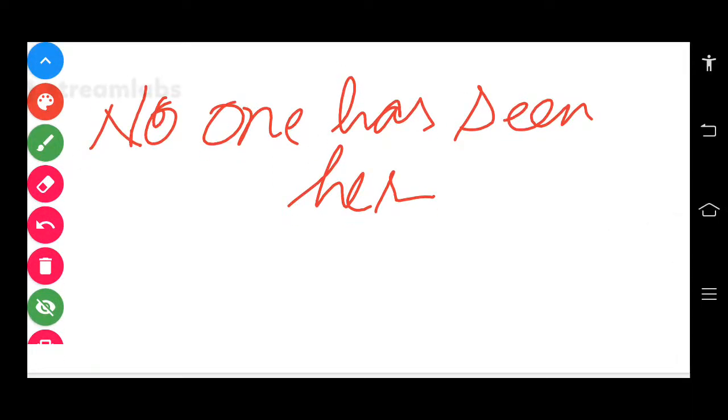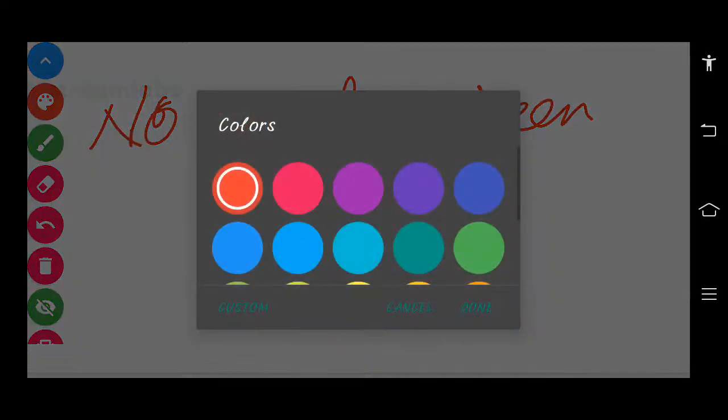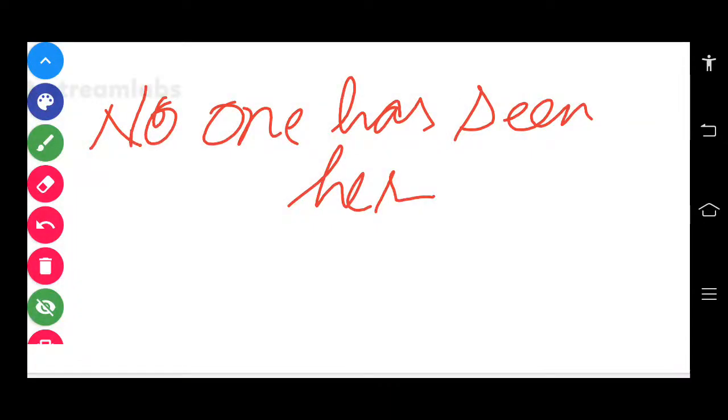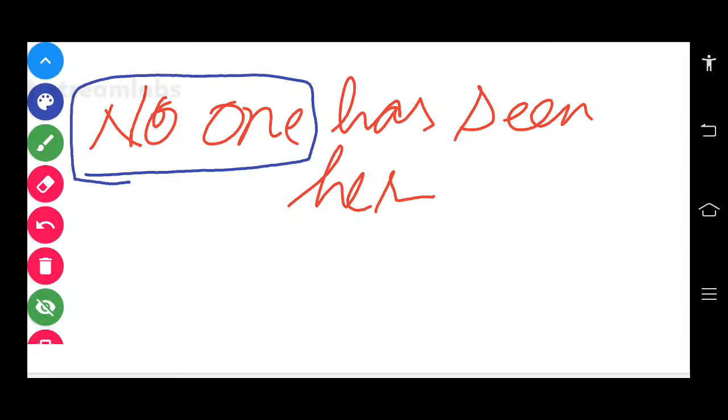You have to apply a rule. What did I say here? When the indefinite pronoun is also a negative indefinite pronoun, 'no one' is a negative indefinite. It should be written like this, no one.